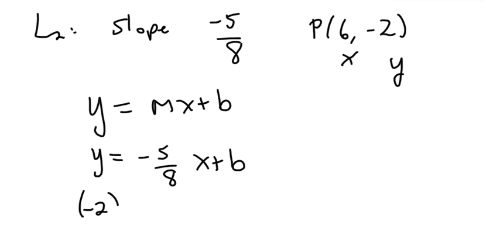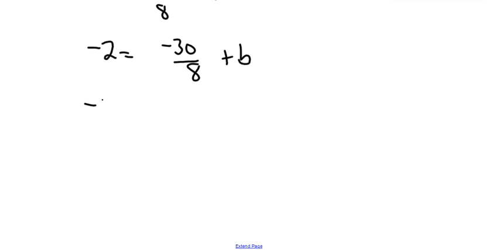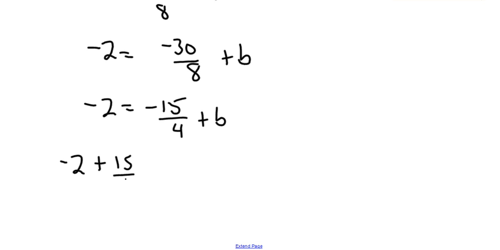So y is negative 2 and x is 6. And now I just need to solve for b. So negative 2 equals negative 30 over 8. So reduce that fraction. Negative 2 equals negative 15 over 4. Isolate b. Negative 2 plus 15 over 4.